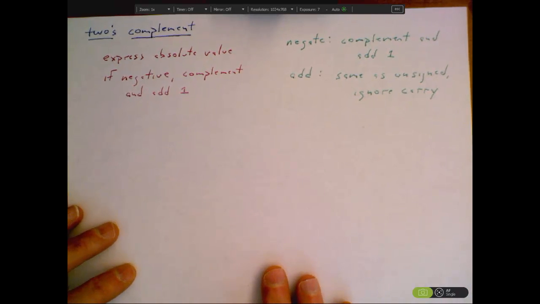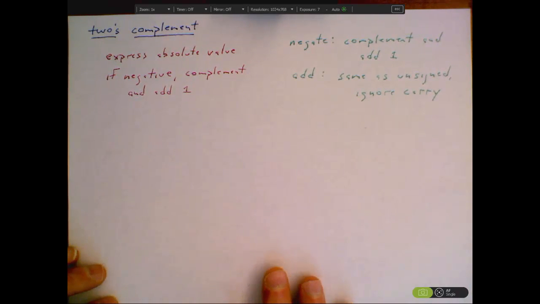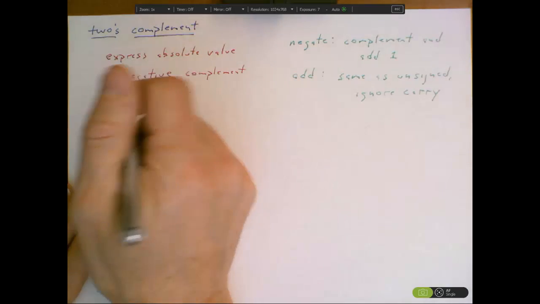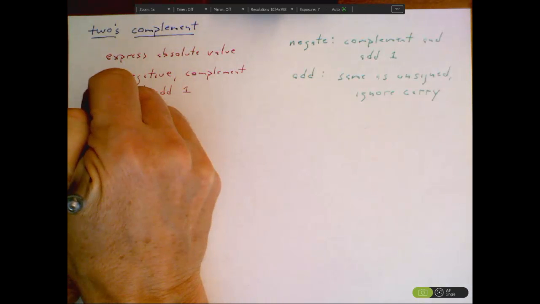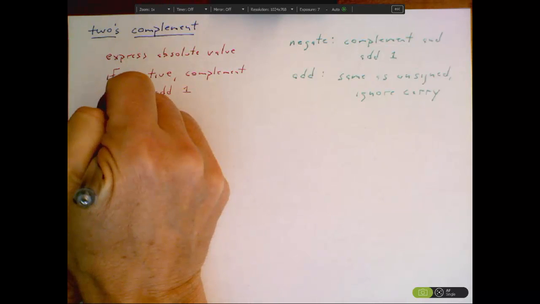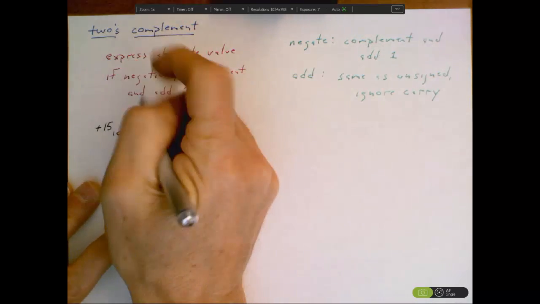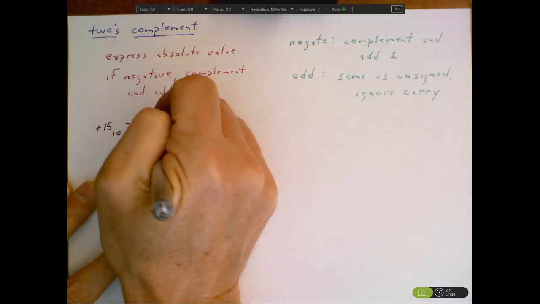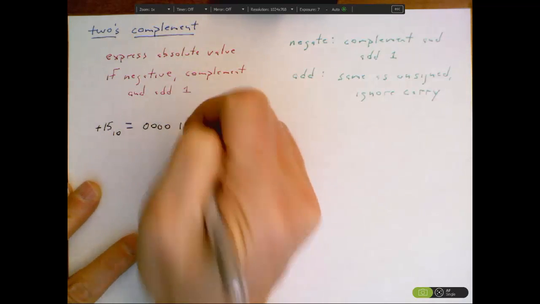Let's look at 2's complement. Again, we start out by expressing the absolute value or the magnitude. And if it's negative, we complement the bits and we add 1. So let's take a look at this. Again, let's do 15. So positive 15 is 0, 0, 0, 0, 1, 2, 3, 4, right?